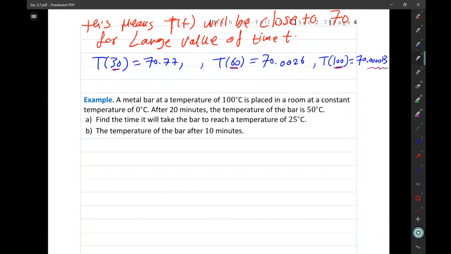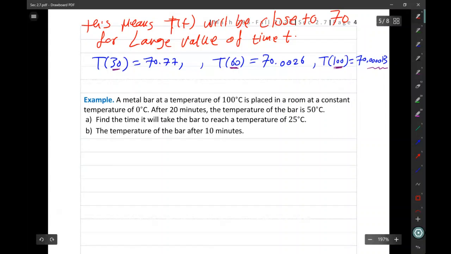The example says we have a metal bar at a temperature of 100 Celsius degrees placed in a room at a constant temperature of 0 Celsius degrees. First of all, let us translate.